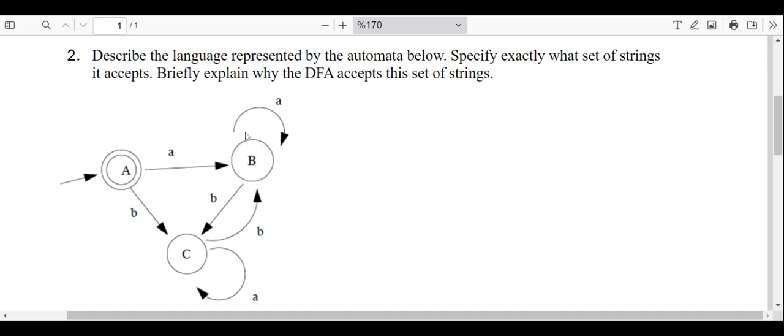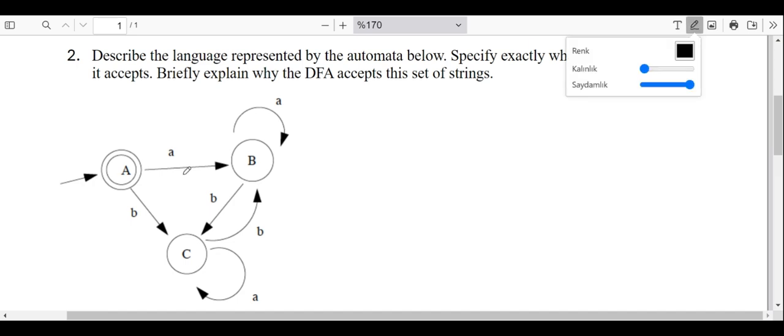Our start state is A here, and it's also an accepting state because it has two circles. If a state has two circles, it is an accepting state. And I have three states: A, B, and C.